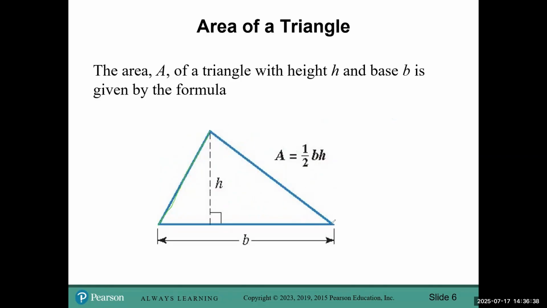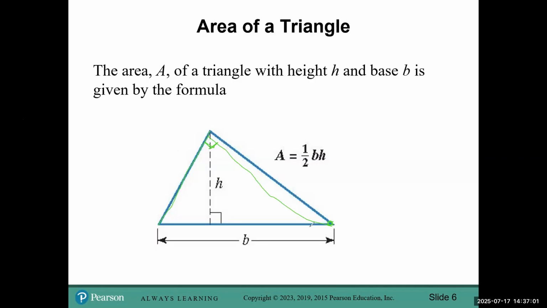well, then I would need the height. So in other words, whatever line goes from this point to here and makes a 90-degree angle, that's my height. So if I have this base, then I need this height to go with it.